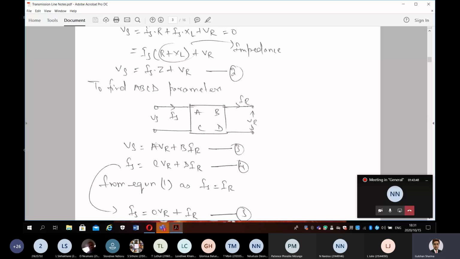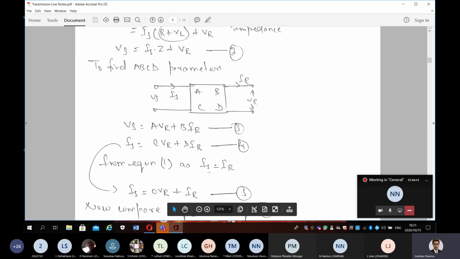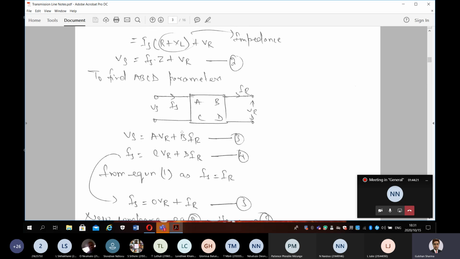Here this is AVR, here VR, so you compare and your value of A will be 1. In the same way, here it's written BIR, and here it's written Is into Z. But we have already seen that Is equals IR, so I can write my B will be equal to Z.